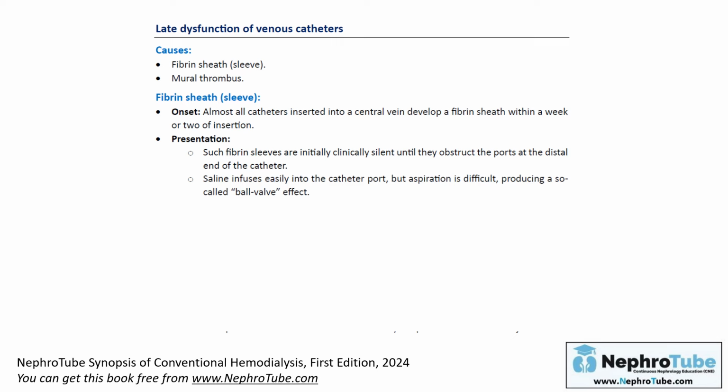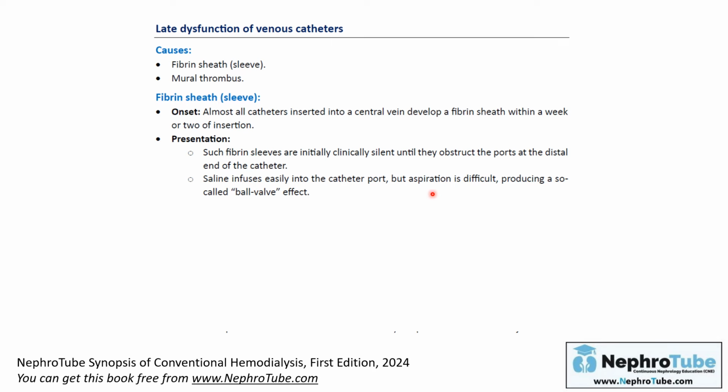Regarding presentation, as I mentioned, fibrin sheath may be silent or may obstruct the ports of the catheter. In this case, you will find that aspiration from the catheter is difficult, although saline infusion is easy. This is because of the pull valve effect of the fibrin sheath. When you push saline, this positive pressure will push the fibrin sheath away, and the saline will go into the blood.